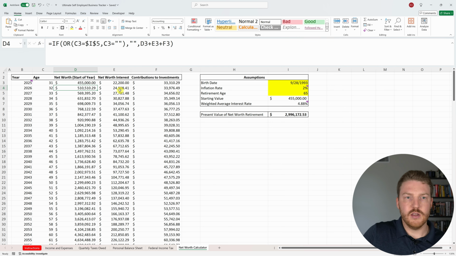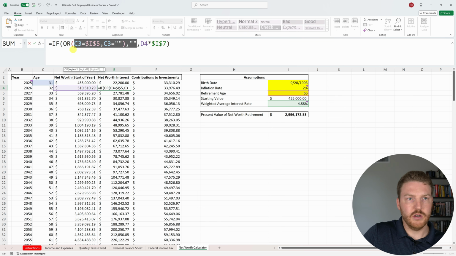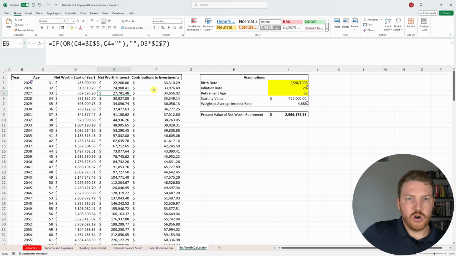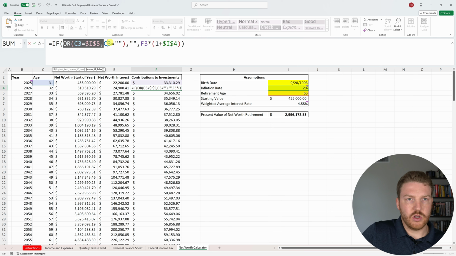Now, the net worth interest this year is just going to be based on this same formula to basically stop the table if we hit our retirement age. Or if that doesn't happen, then we'll take the net worth at the start of the year multiplied by that weighted average interest rate. And then for our contributions to our investment account, we're also going to just stop if we get past 65 with this condition.